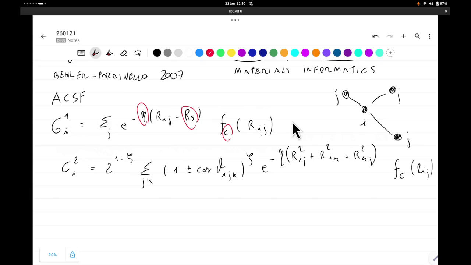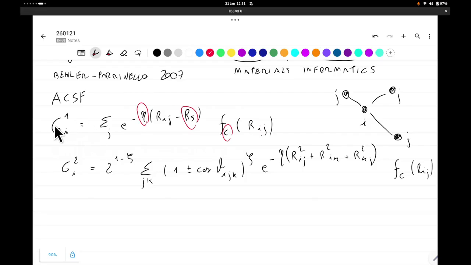The point here is that these parameters in the descriptor are hyperparameters that have to be set. You don't know beforehand what their values are. You just start from some guess, then you train your model, and then you go back and try to change these parameters.